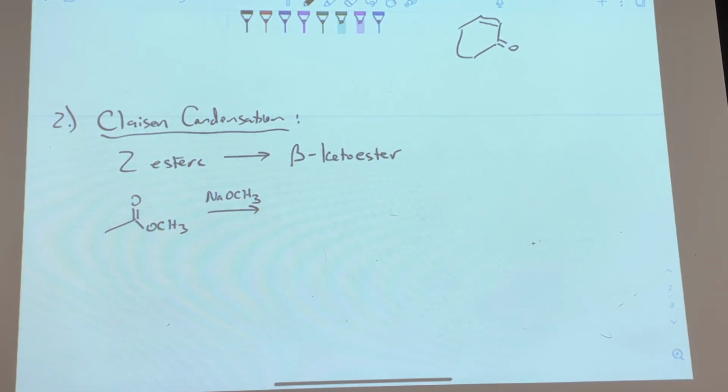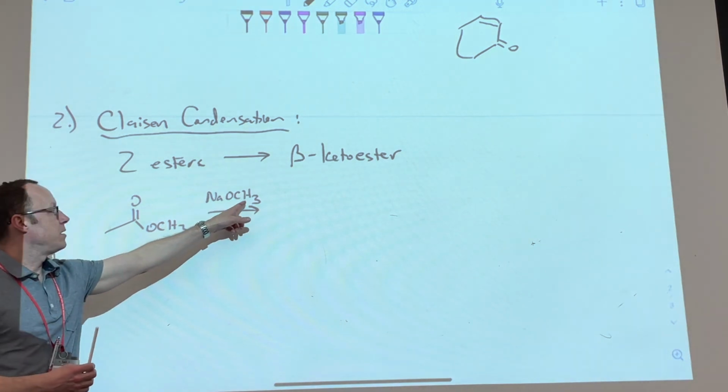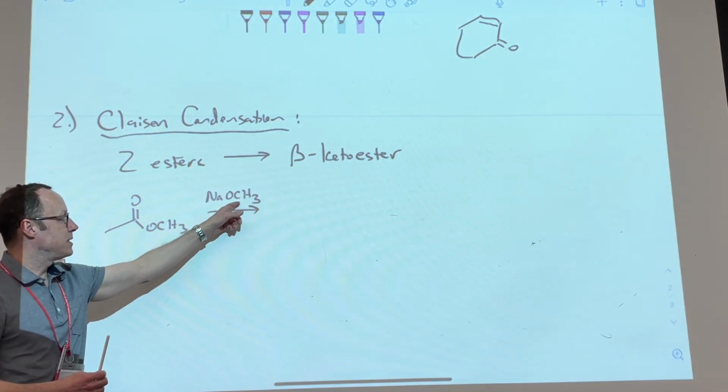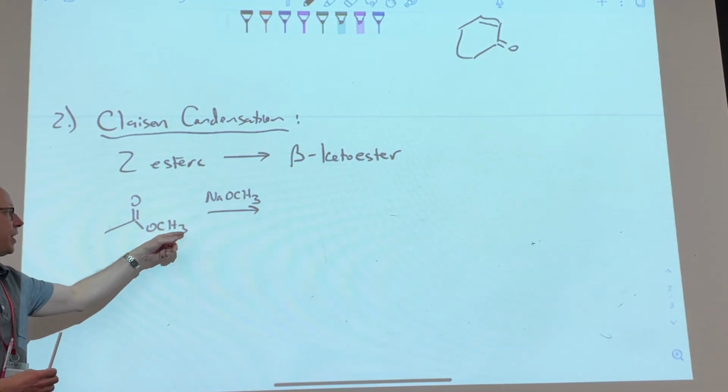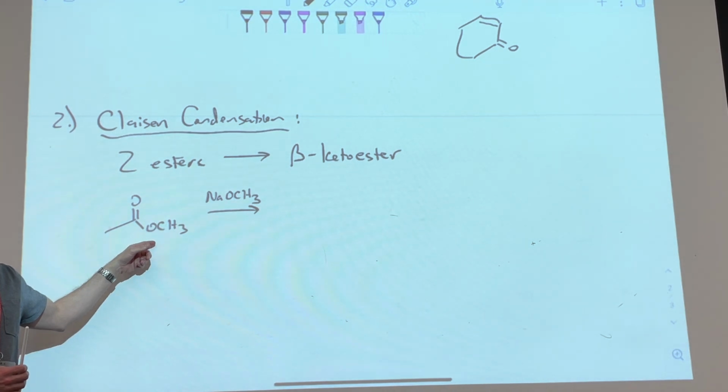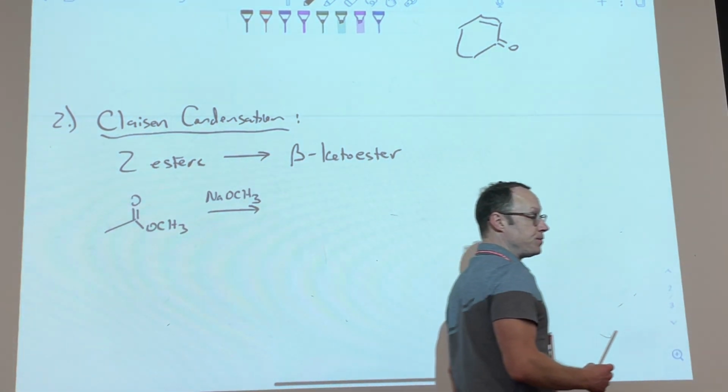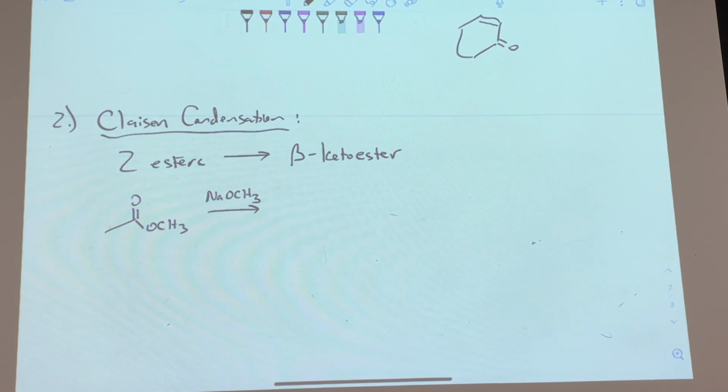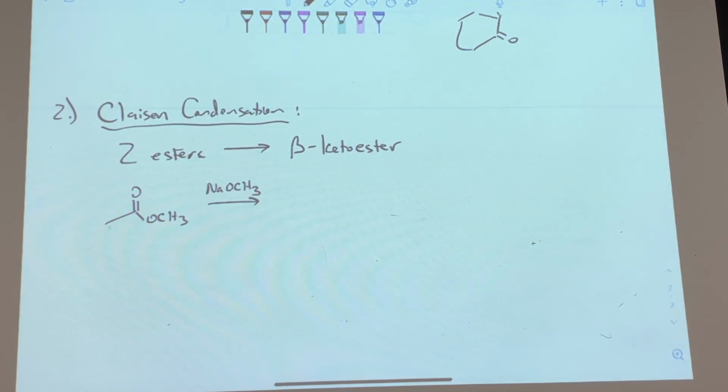All right. So what you'll note is my base is matching my ester. That's important too. So, for instance, it would not be wise in this reaction to use, say, sodium ethoxide. Because if I were to use sodium ethoxide, imagine what could happen.